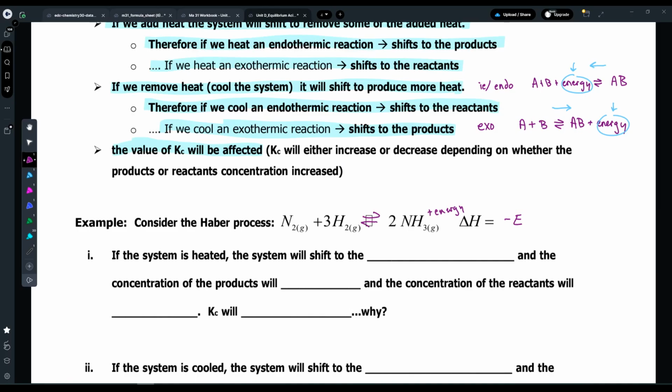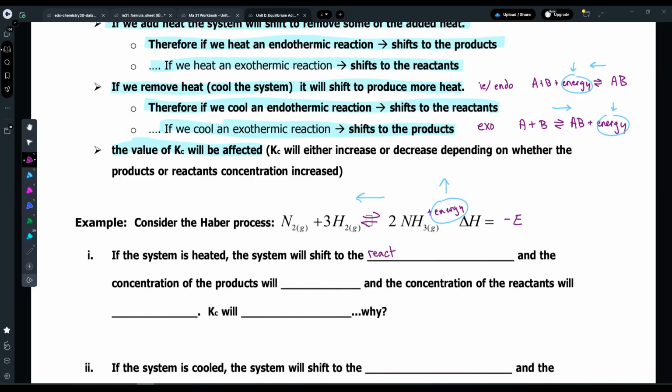So if the system is heated, so that means we are increasing the amount of energy, then the equilibrium is going to shift away from what we added. So it's going to shift to favor the reactant side, which you could also say it shifts to favor the left side.